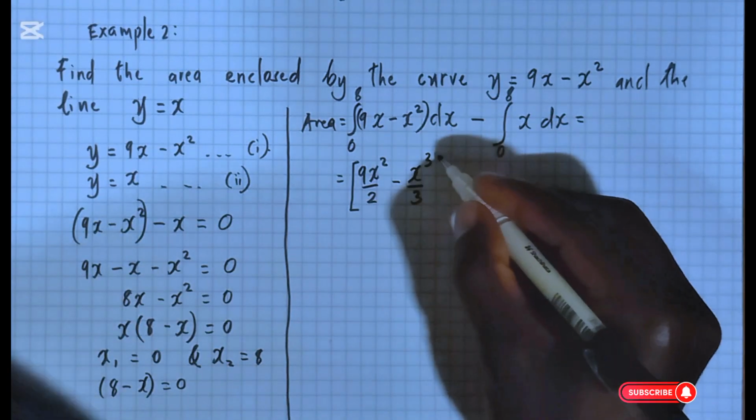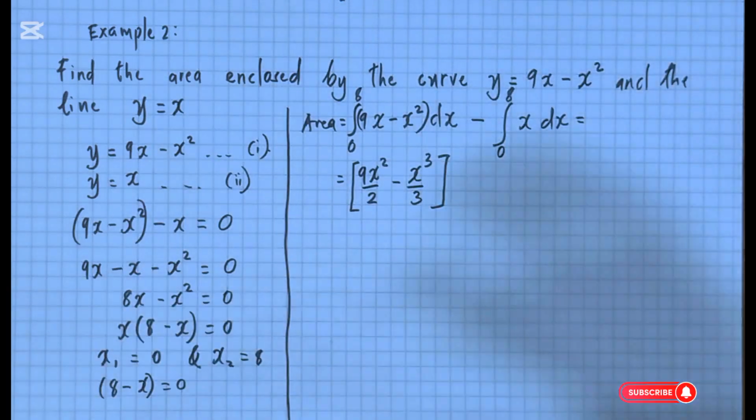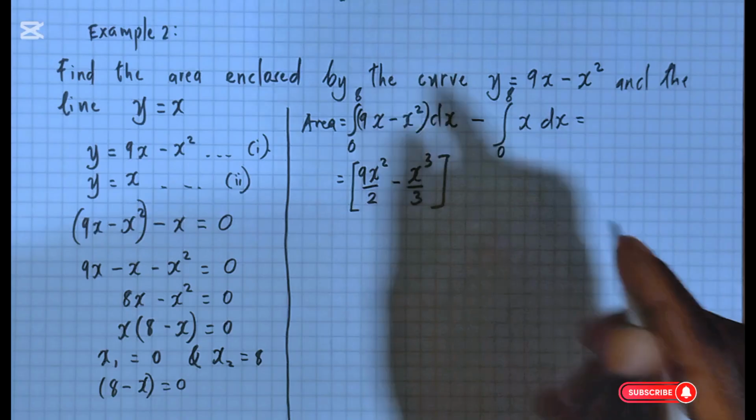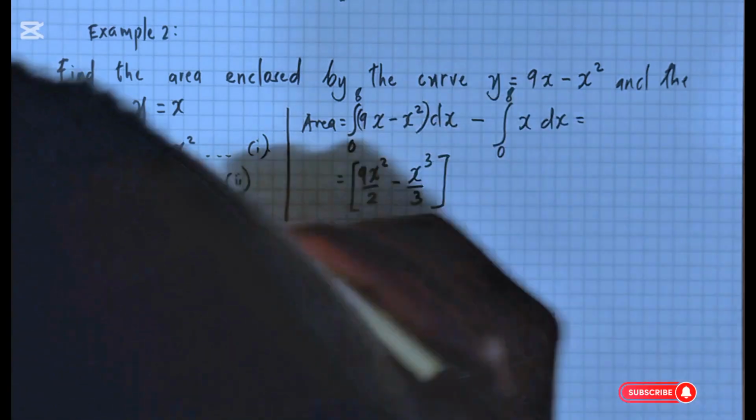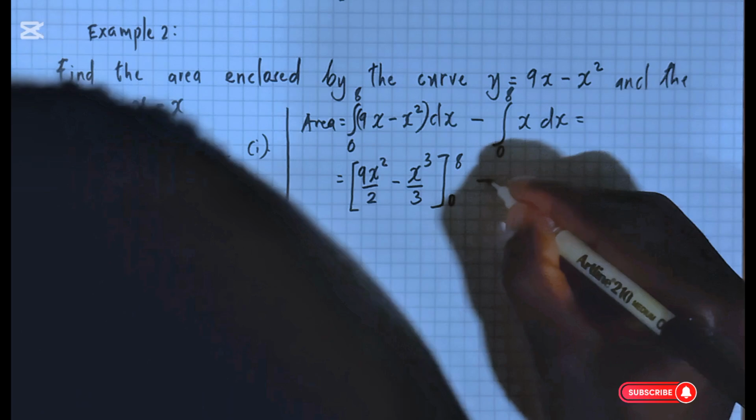I hope that by now integration is not a problem. We're just adding 1 to the index, then dividing the whole variable by the sum of the index. Okay, so that's going to be the limit 0 to 8.